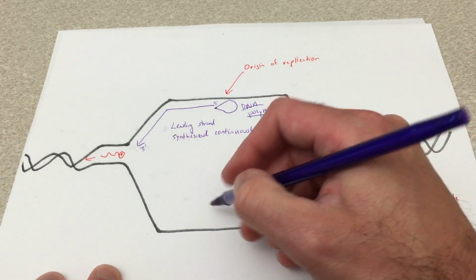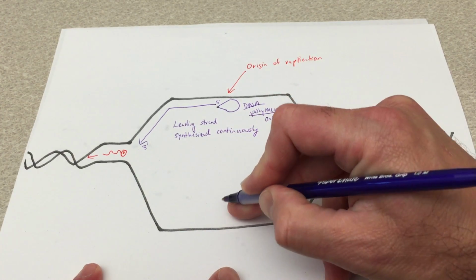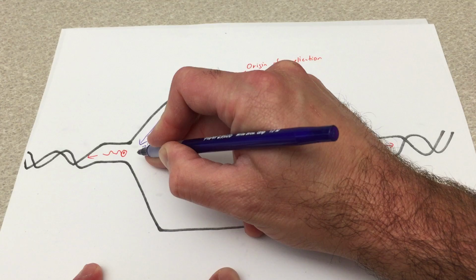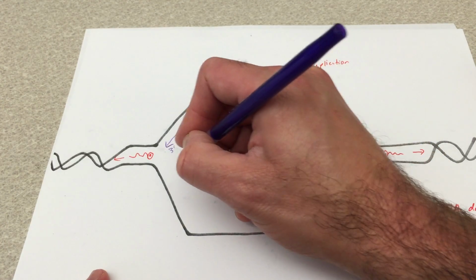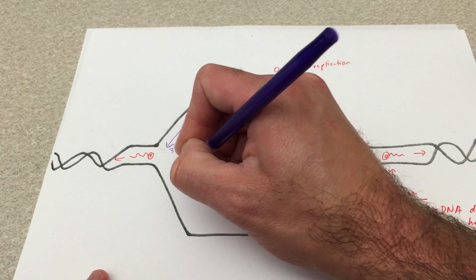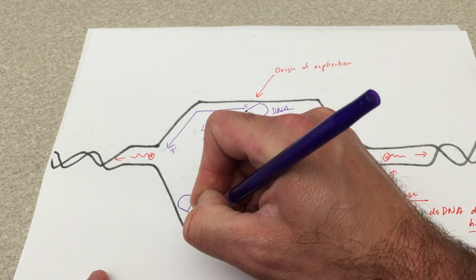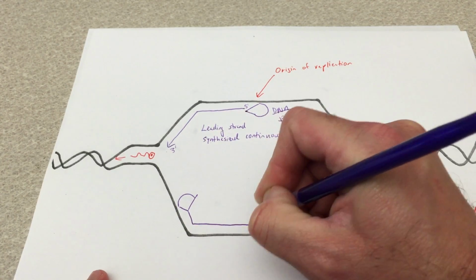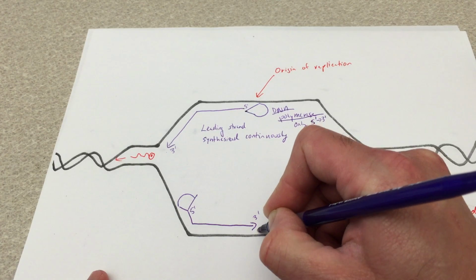So, can DNA polymerase go on this opposite strand and make new DNA in this direction? No. But a DNA polymerase molecule can land here and synthesize a little bit of DNA in the 5' to 3' direction.